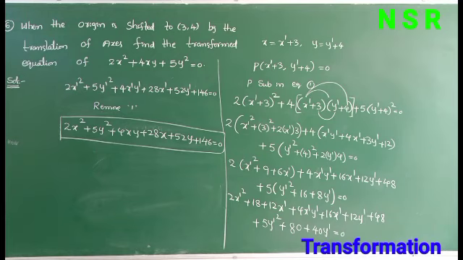So by using the transformed equation, we can find this. So here also apply the h comma k formulas. So in our question, given the original equation, we have to find the transformed equation. So we get the transformed equation: 2x dash square plus 5y dash square plus 4x dash y dash plus 28x dash plus 52y dash plus 146 equal to 0.